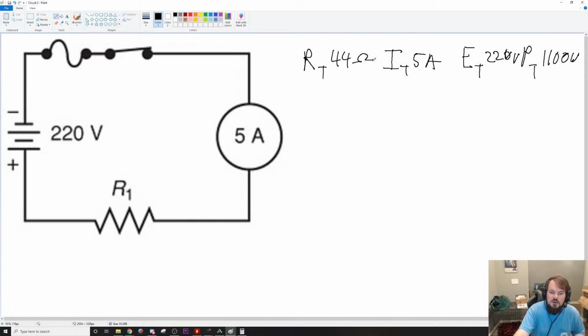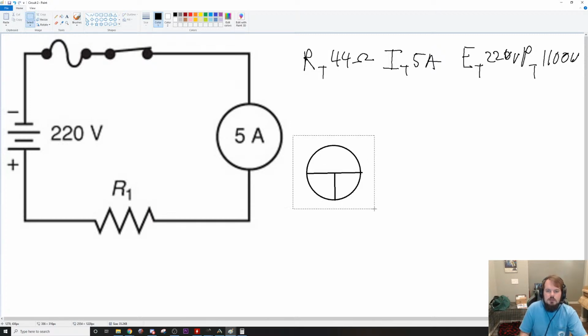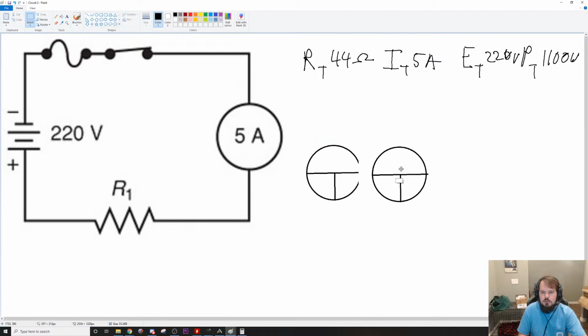Since it was only one component in the whole circuit, you just use Ohm's law. I'm going to write those down again. I'm going to be smart and use the circle tool. And then, magic.